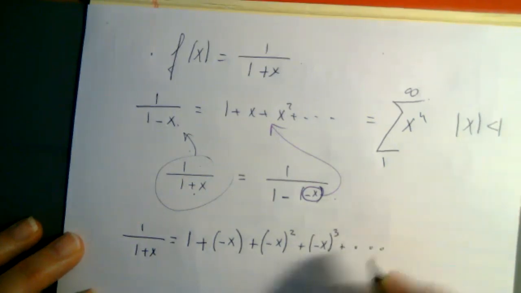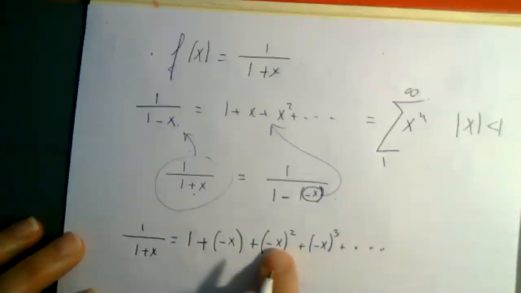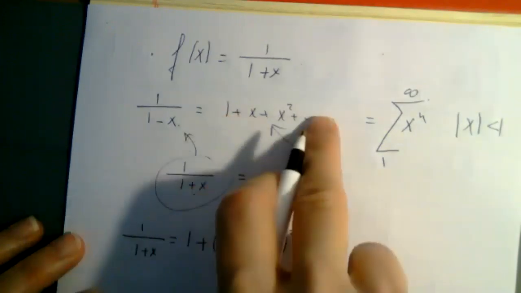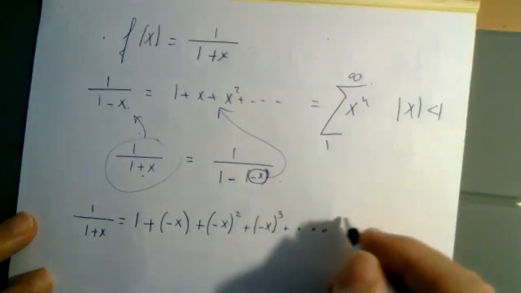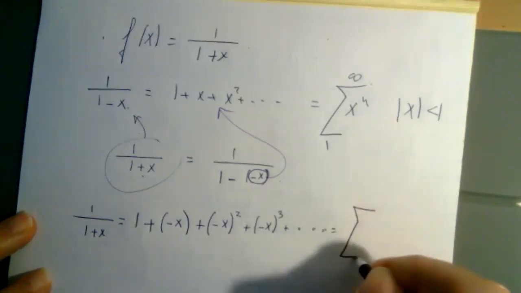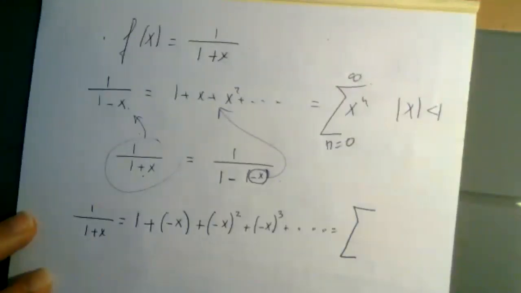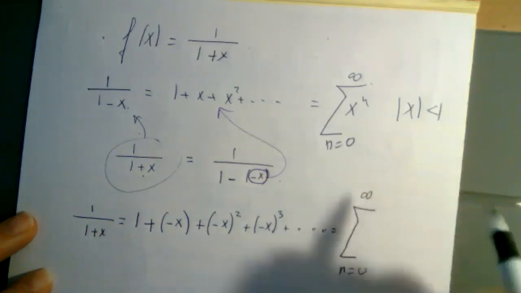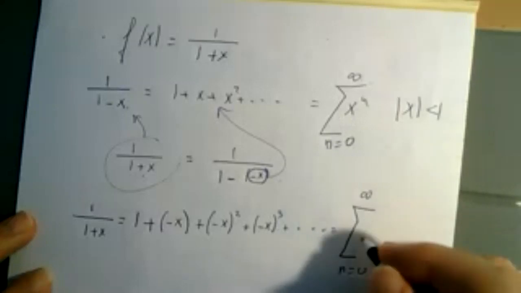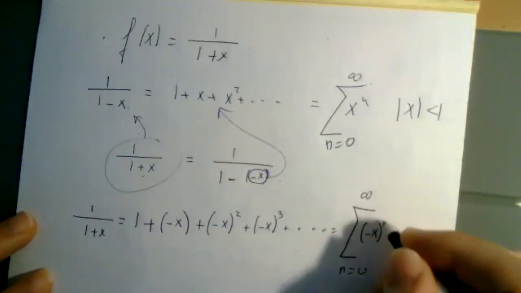And I will always do it in the sum terms, in sigma notation, and I will ask you to do the same. So this is going to be sigma, n equals 0 to infinity, instead of x, minus x to the n.